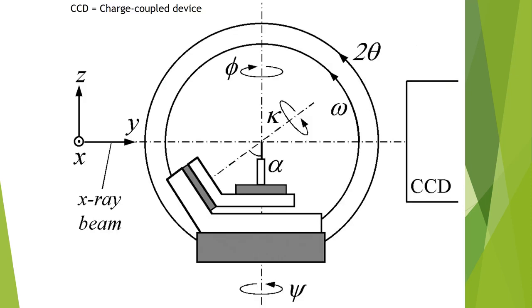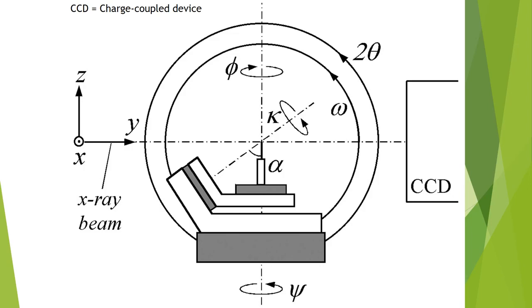Here is the pictorial diagram in which we can observe the different circles or angles that were discussed in the previous slide, known as the 4 circles.